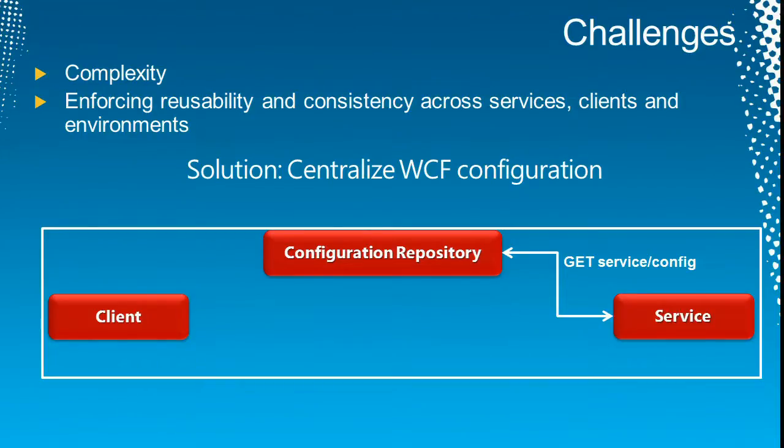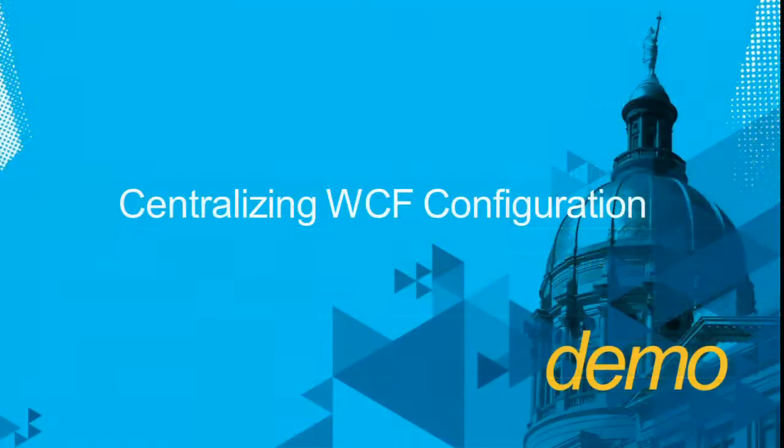The default service host uses the configuration file, so you can download that configuration file from somewhere else. And on the client side, you can use something similar called a channel factory. So you can apply this to tons of services. I just pointed to the same URL, and I'm going to show you that in a demo of how to centralize WCF configuration. This demo is fairly complex, so this is the part where you wake up and pay attention.